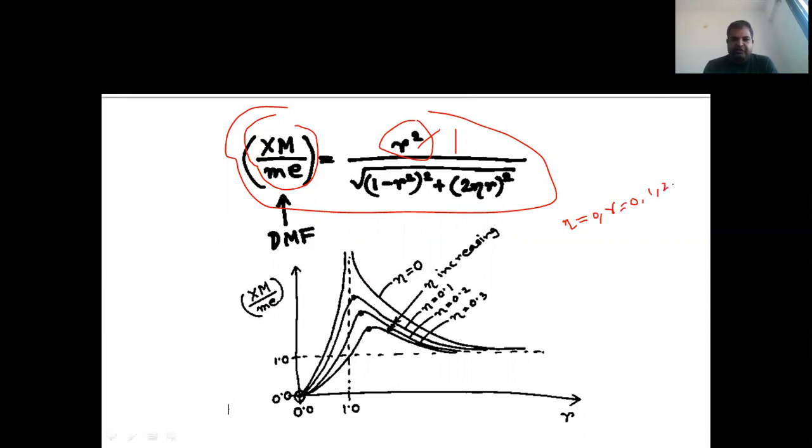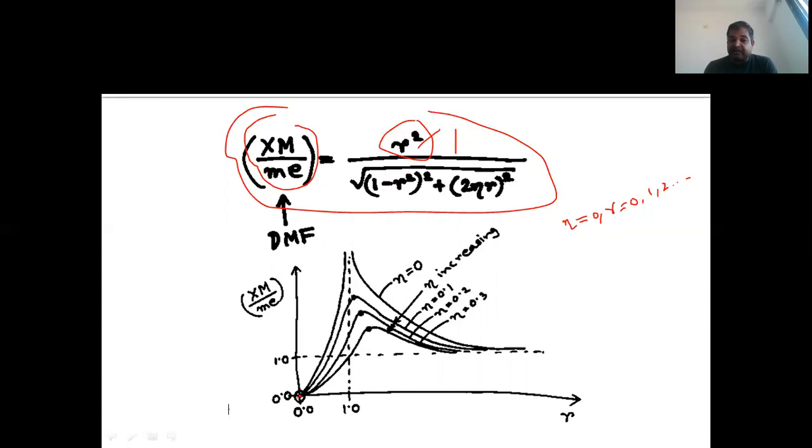So if I start with eta equal to 0 and r equal to 0, then 1 minus 0 is 1, and the numerator is 0, so 0 upon something is 0. So this will be 0 only.